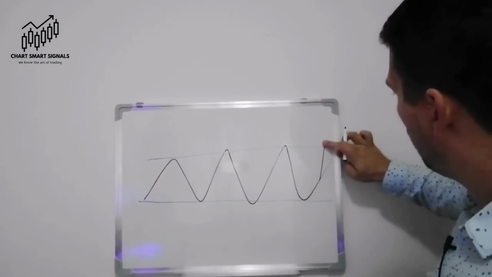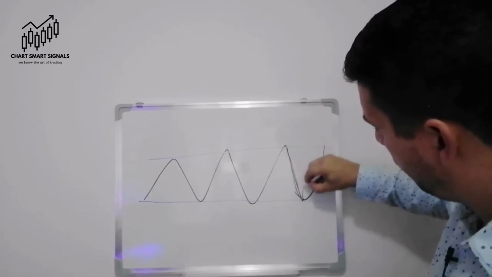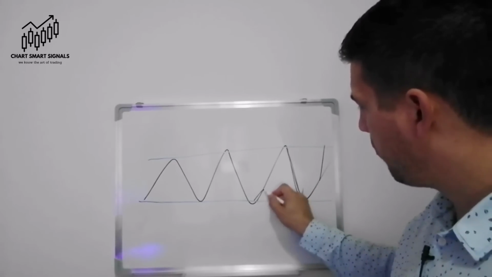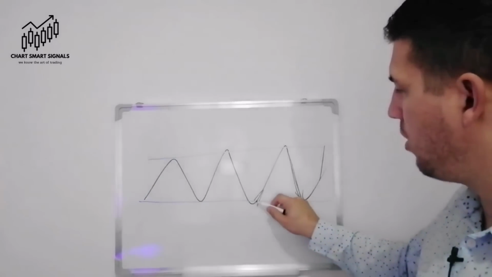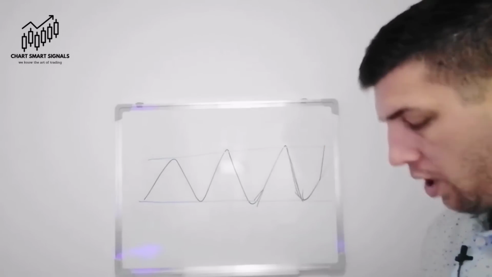Or you could look for your pullback trade, which would be this over here. All right, same on this position over here. That would be a pullback trade off of the support line and back up to over there.